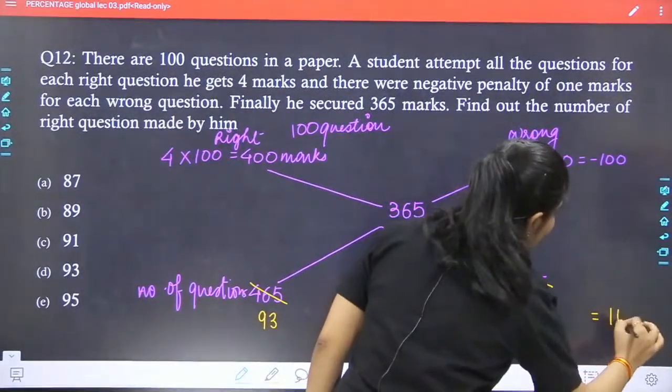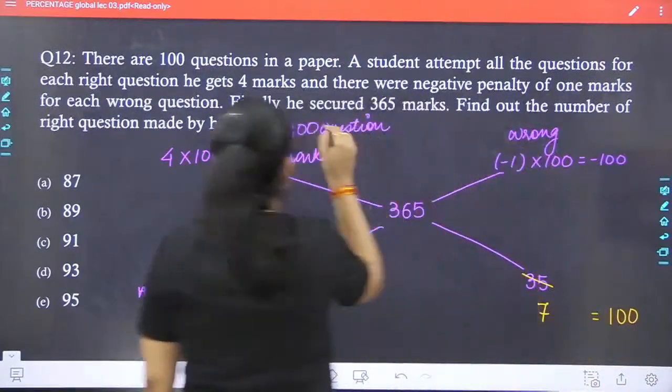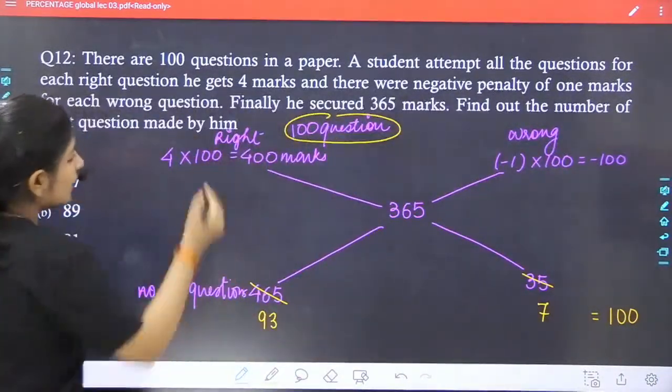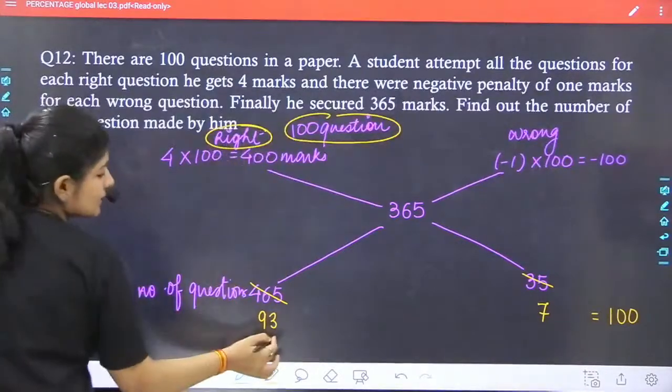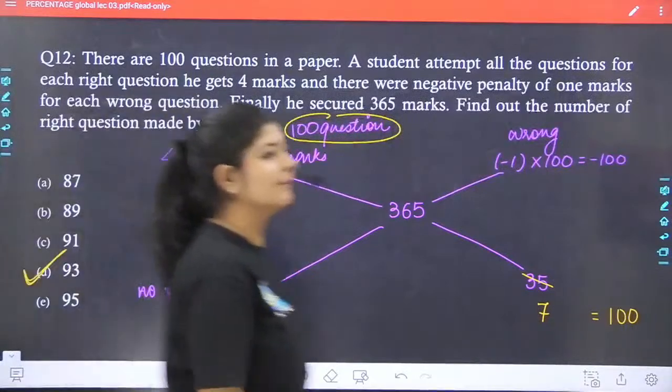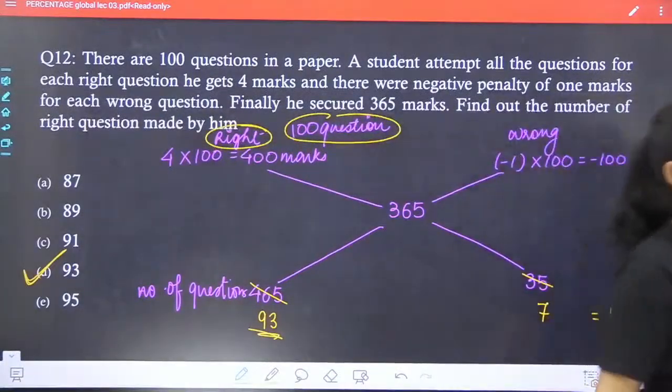That means the sum is equal to 100, and here we have 100 questions, so they are multiples of 1. So the right questions made by him are 93. So the correct option over here is option D.